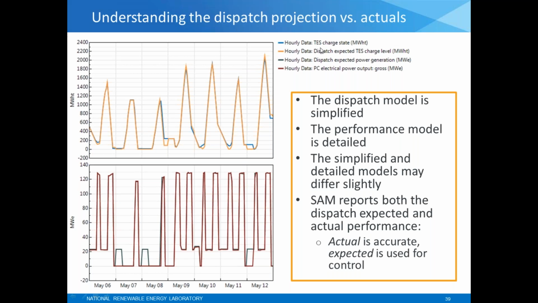You can see the ones that are prefixed by dispatch expected. Those are not the actual accurate outputs. Those are just the expectation from the hourly dispatch model. So here you can see that there's some disagreement, but in general, they're pretty close.